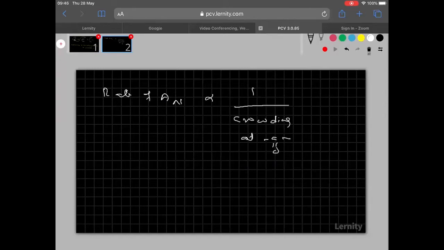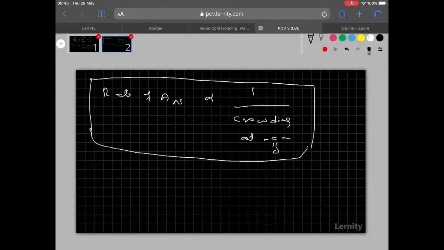Is it clear, everyone? So this is one more factor on which the rate depends, and this is the most important factor among all the factors. Remember, the rate of nucleophilic addition is inversely proportional to crowding.